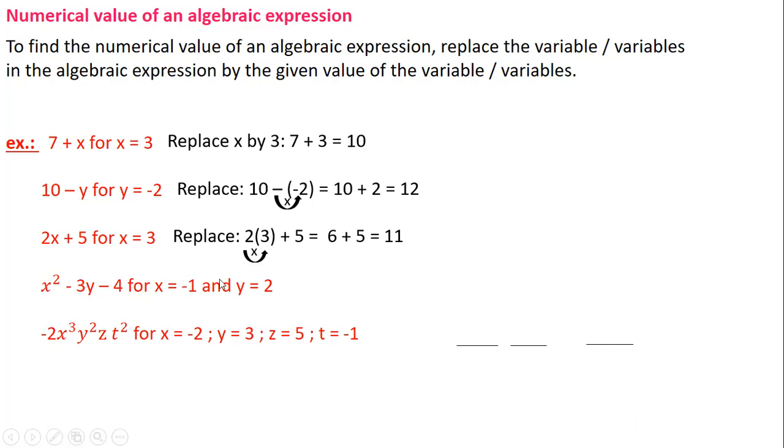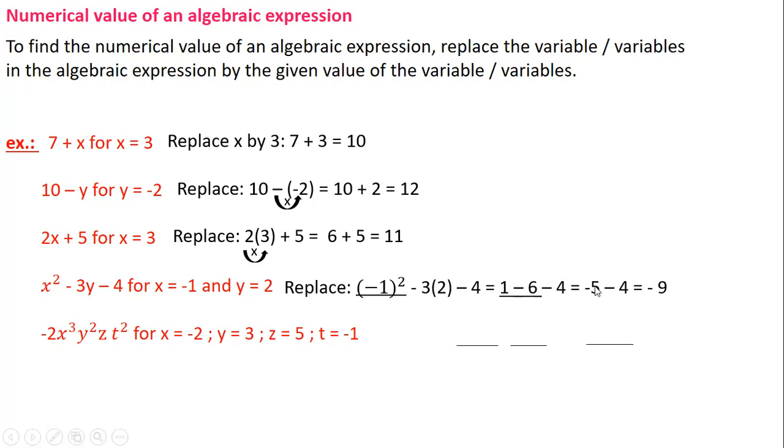Also, y, which is 2, should be replaced between parentheses because it is multiplied by -3. So after replacing, I get (-1) squared minus 3 multiplied by 2 minus 4. Now, (-1) squared means -1 times -1, which is 1. And negative times positive is negative. 3 times 2 is 6, and we take the minus 4.